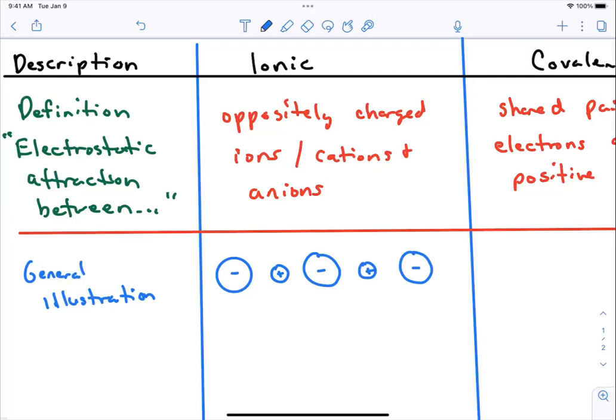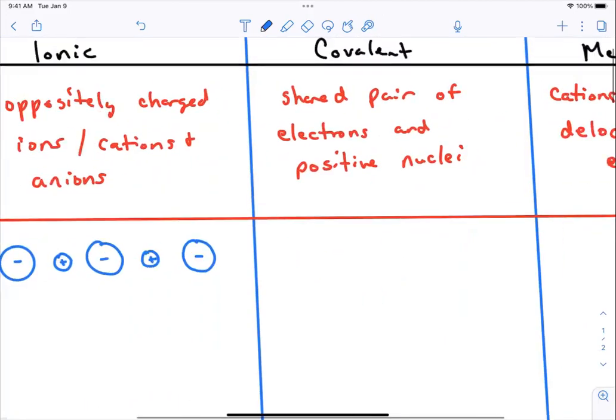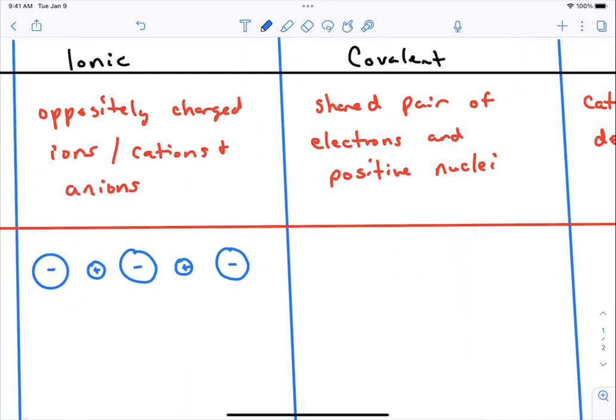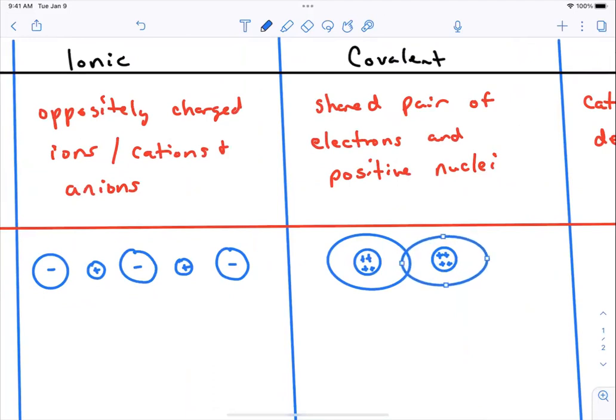Okay. So the ionic, you have these independent ions positively and negatively charged. With covalent, you want to think of it as these positive nuclei sharing a pair of electrons in between them, and the attraction that the positive nuclei are both having for that pair of electrons between them is what causes that covalent bond.